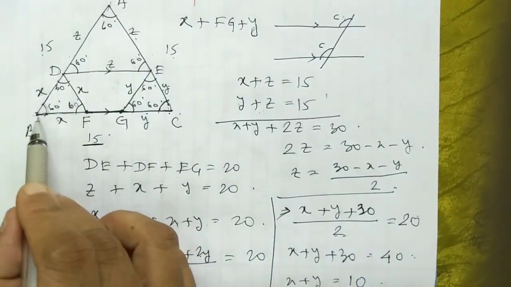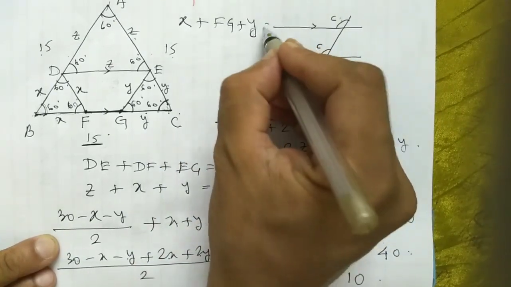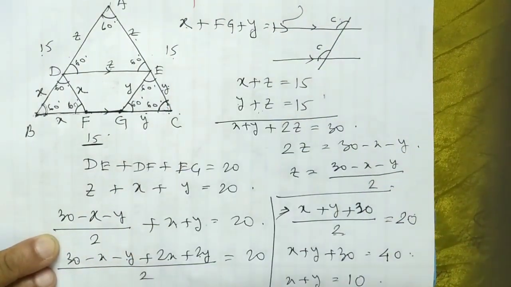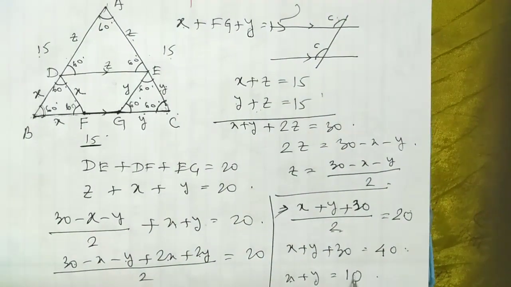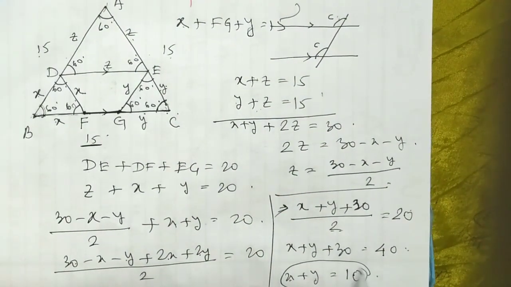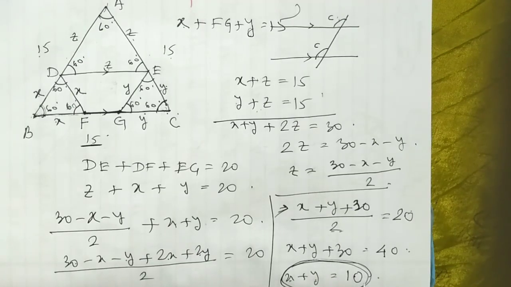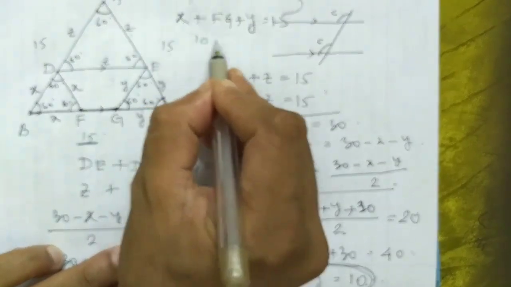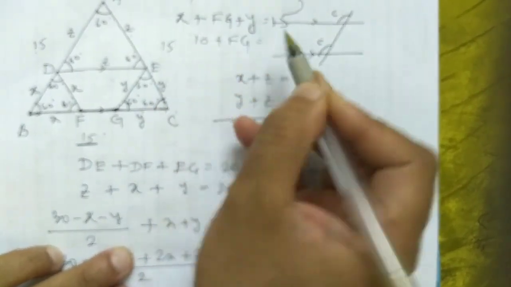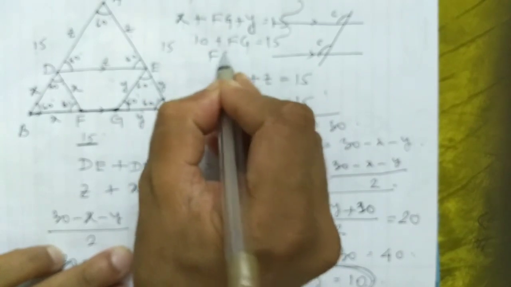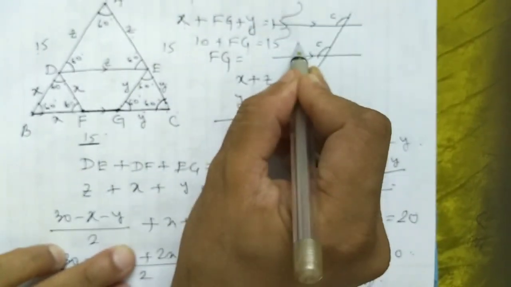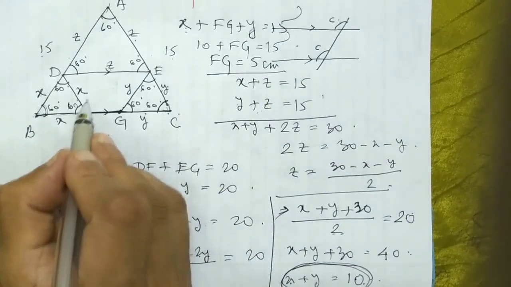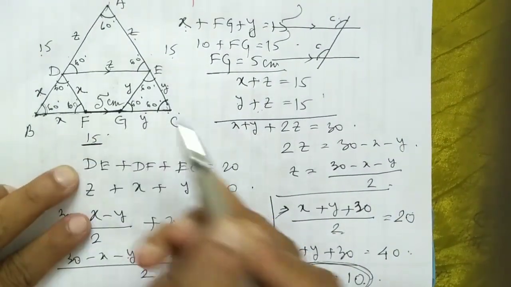So this complete one is 15. Now x plus y is 10, which we have seen here. So let us put this value here. x plus y is 10, plus FG equal to 15. So what is FG? 10 is going there. 15 minus 10, 5 centimeter. So FG is 5 centimeter.